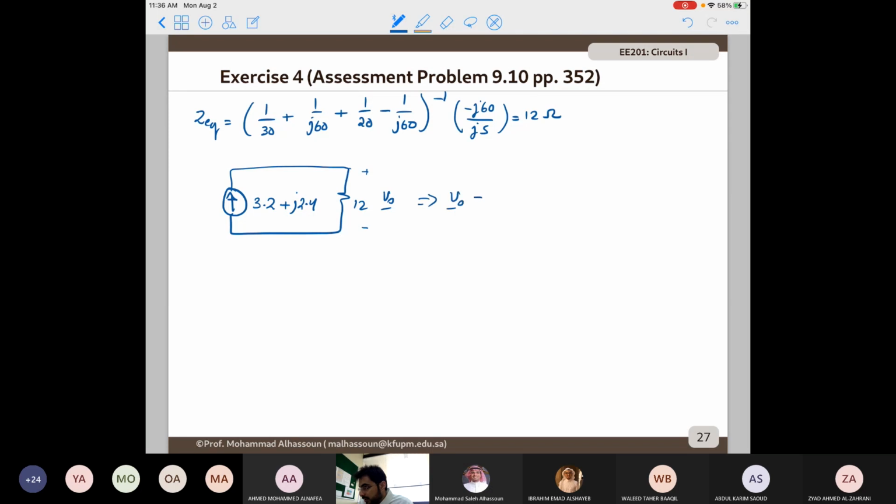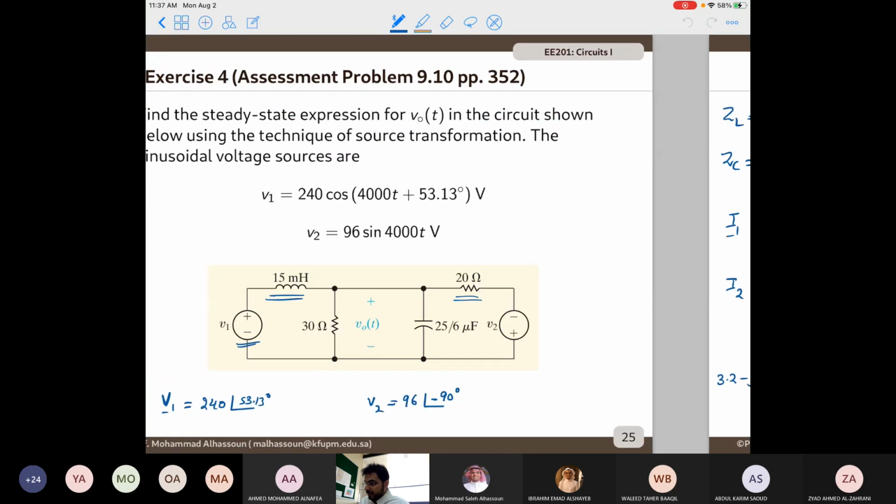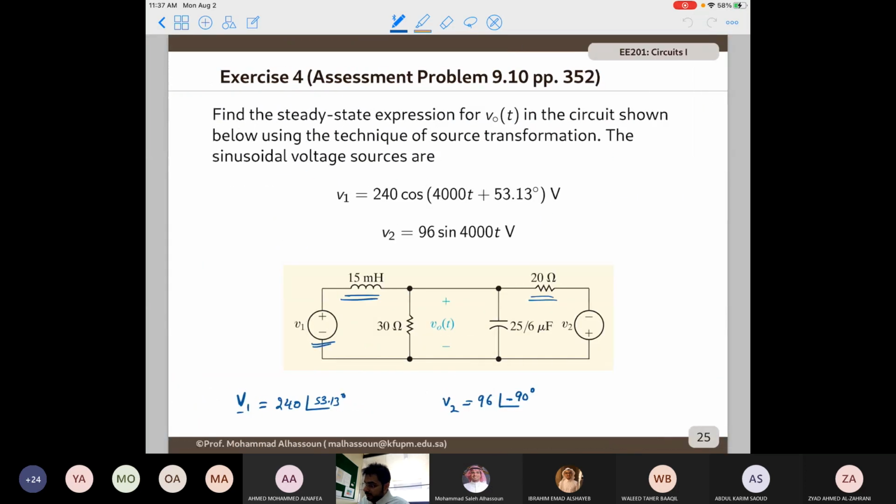So V0 is going to be 12 multiplied by 3.2 plus j2.4. So it's going to be 38.4 plus j28.8, or 48 angle 36.87 degrees volt.